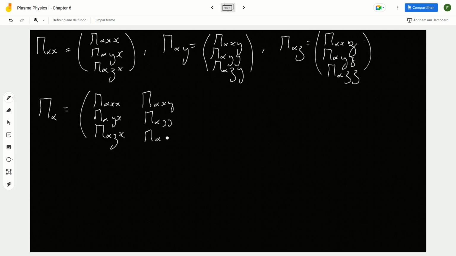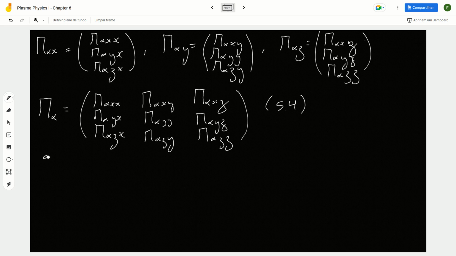Now there are different notations for this tensor. This is perhaps the simplest one. It makes clear that each column is a vector. But there are other notations, and I will give them to you, because otherwise you may be confused.